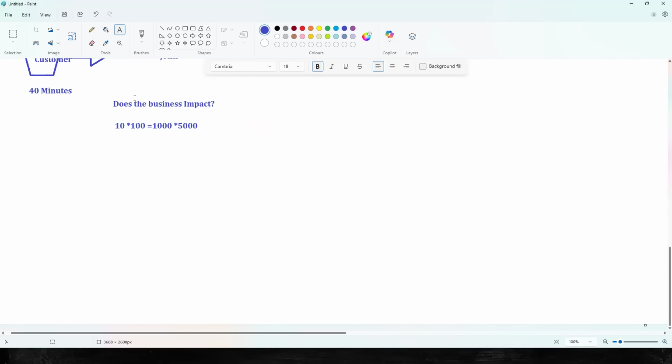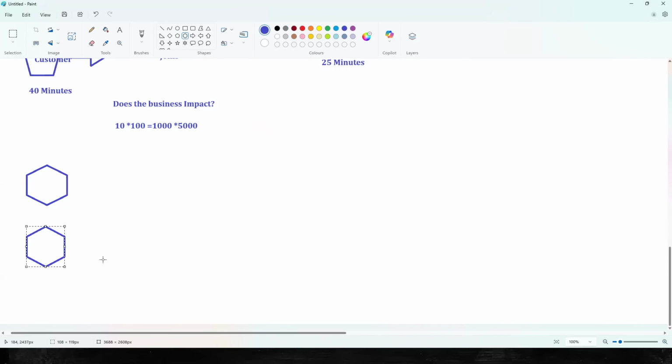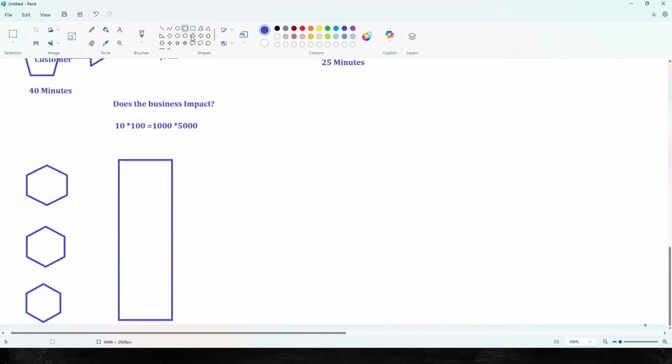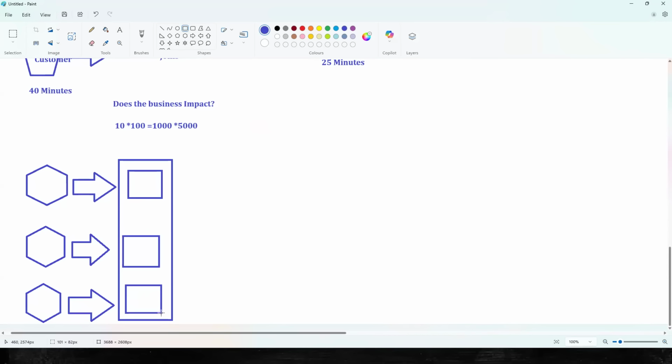Okay, then let's get into the architecture. So this is the application. Here also an application, different types of applications. Now what is going to happen, you are going to interact with the database or file system. Consider this is the database, here also a database, here also a database or a file system.